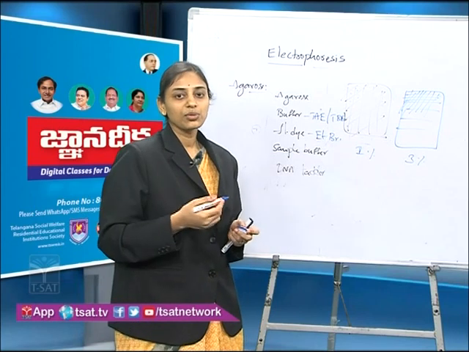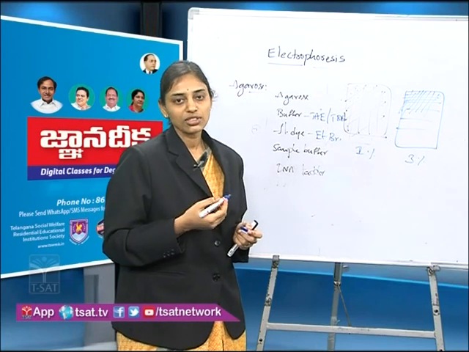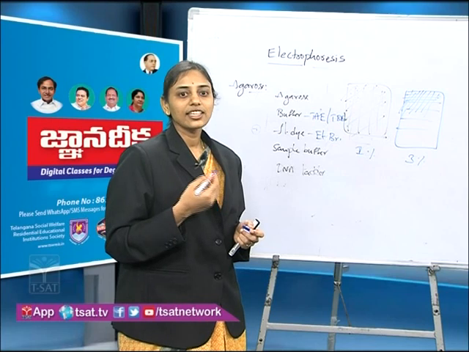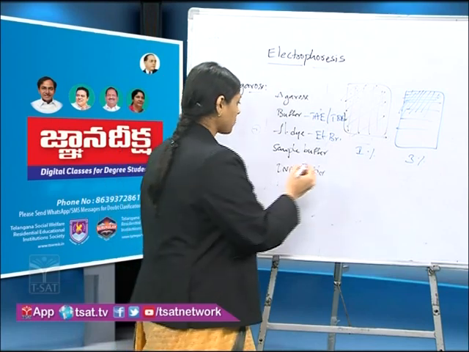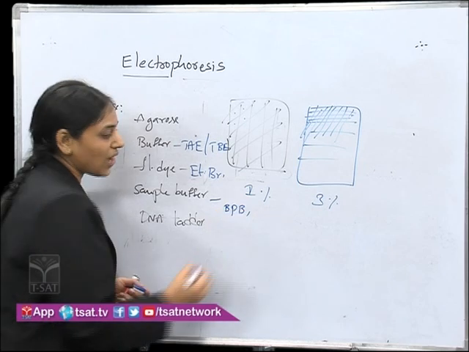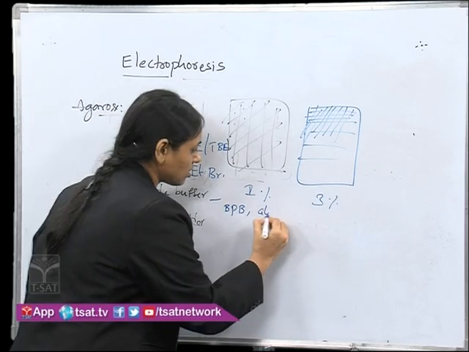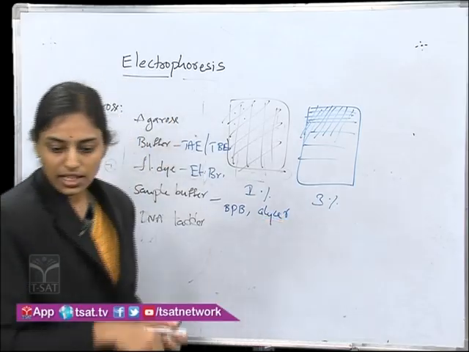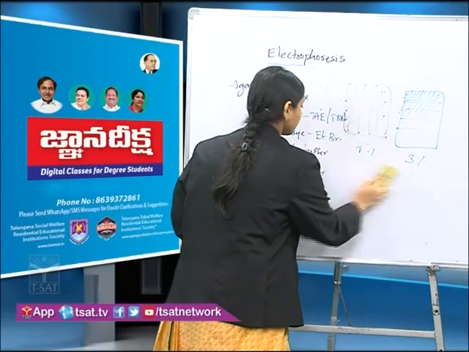In that way, we could visualize the DNA when it is exposed to the UV light, because DNA itself is not fluorescent. And the sample buffer has bromophenol blue, which acts as a tracker, and glycerol. Glycerol gives density to the sample.